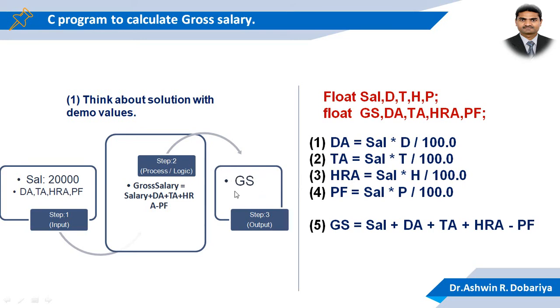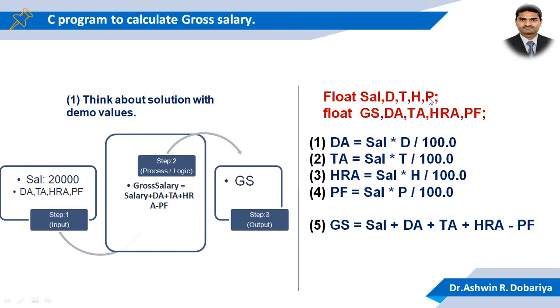This is the flow of our program. If we think about the total number of variables we require, first salary we can take as an integer or long integer also, but here we will take float salary, then DA, then TA, HRA and PF.